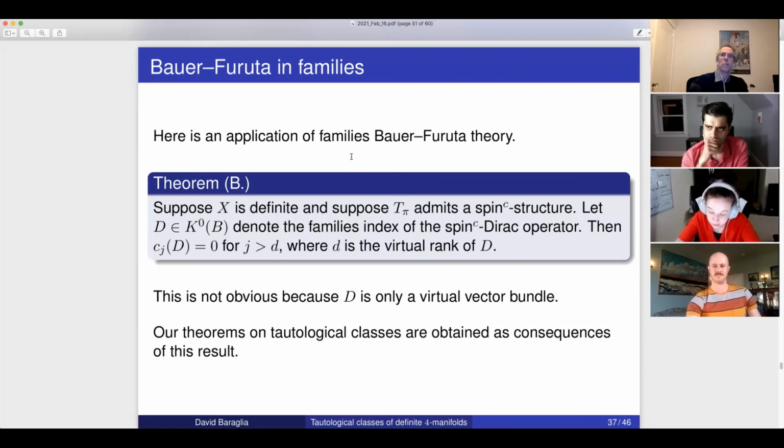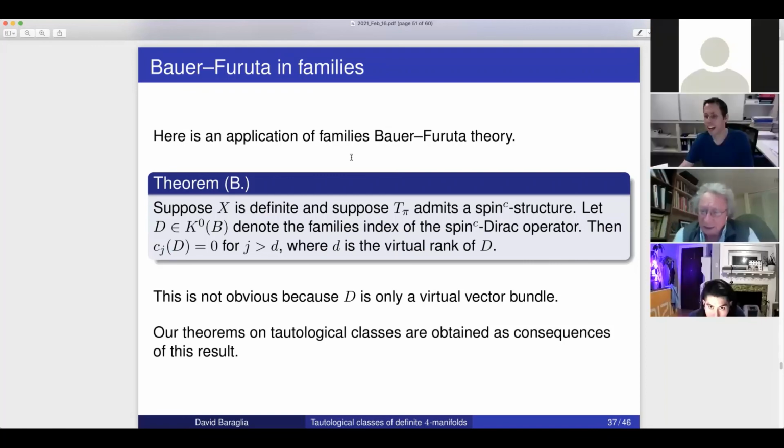I'm just wondering how this construction survives if you try to stabilize in one way or another. Yeah, this result is just not going to survive stabilization. Okay, that's very interesting. Thank you.